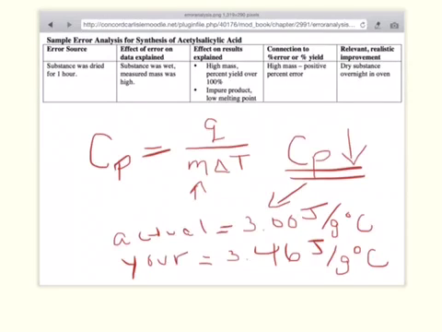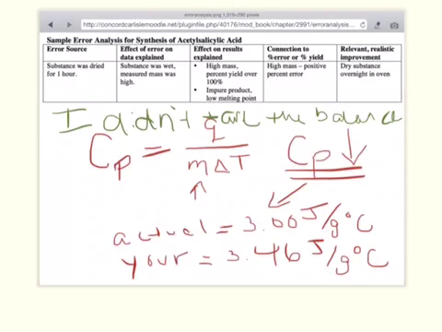So don't use things like, I didn't tare the balance. Here, I'll write it. I didn't tare, which means zero out, the balance.